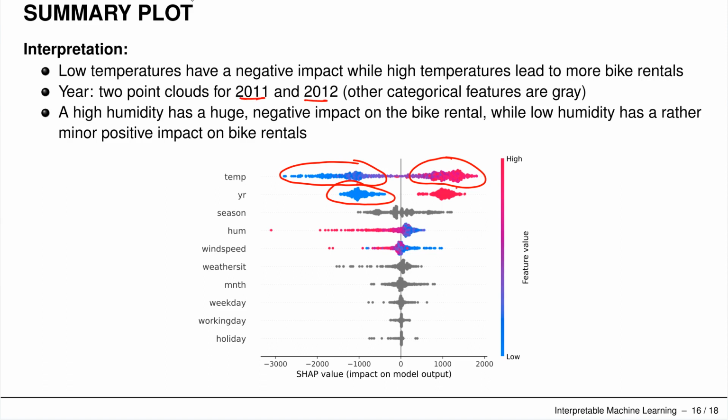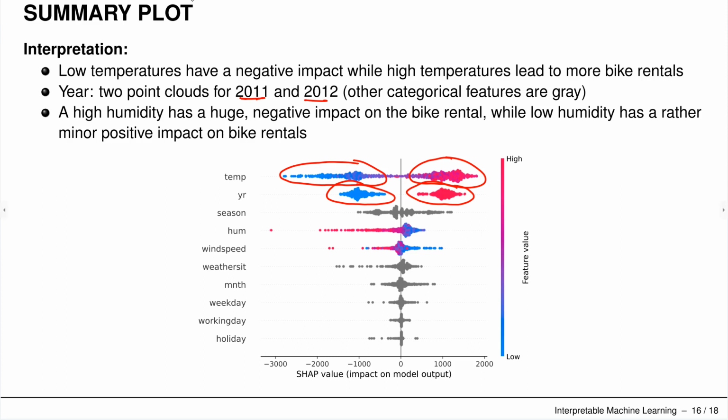The red ones are the ones with high values, so here on the right. That means that in 2012, the SHAP values are positive, meaning that year has a positive influence because the number of rented bikes increases over time.